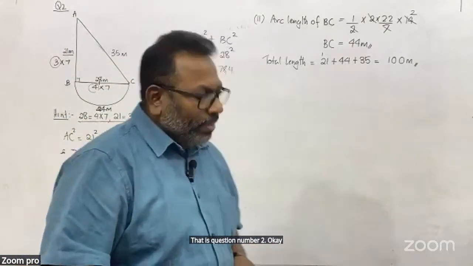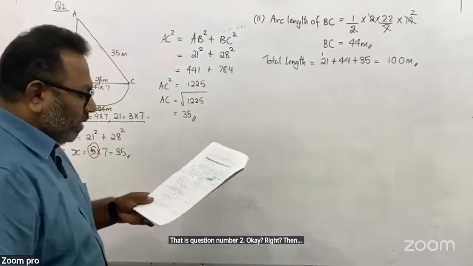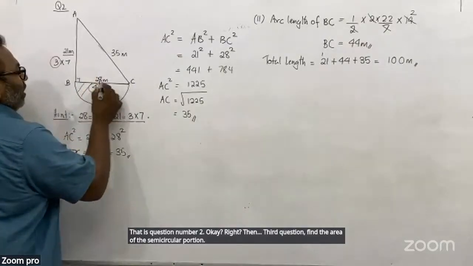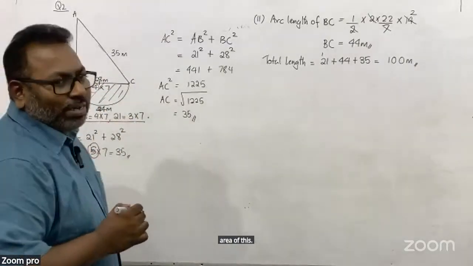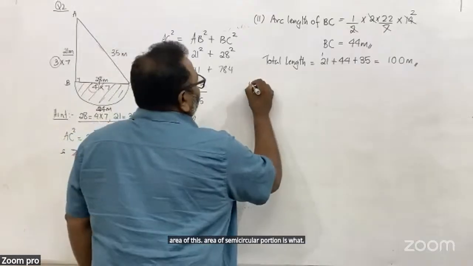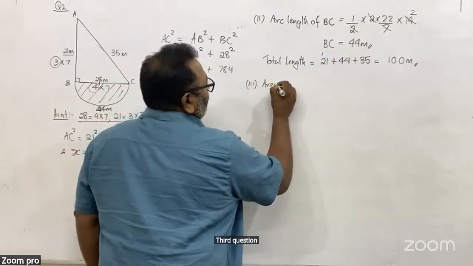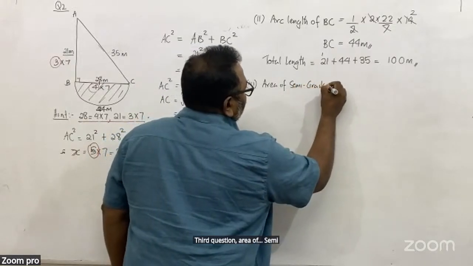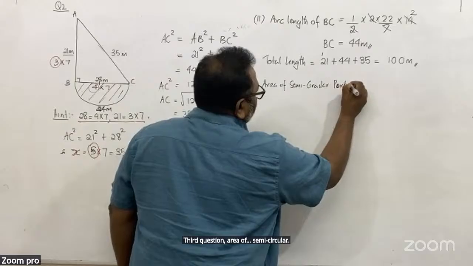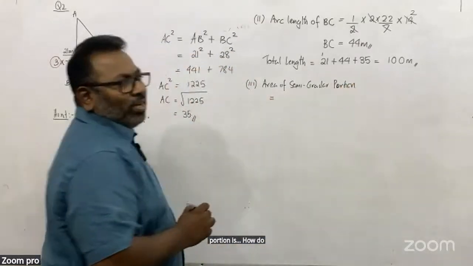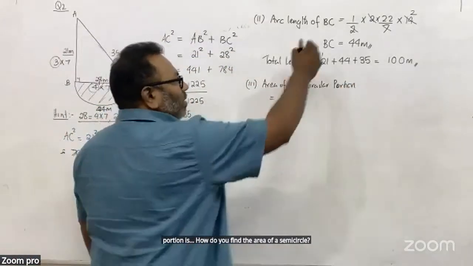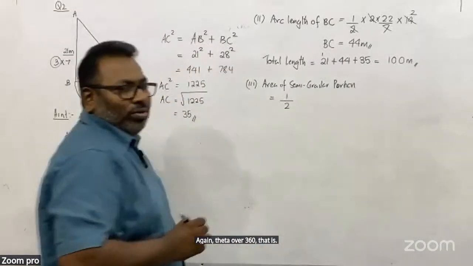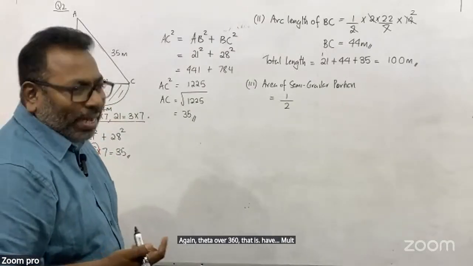Okay, right? Then the third question, find the area of the semicircular portion. How do you find the area of a semicircle? Again, theta over 360, that is half, multiplied by pi r square.